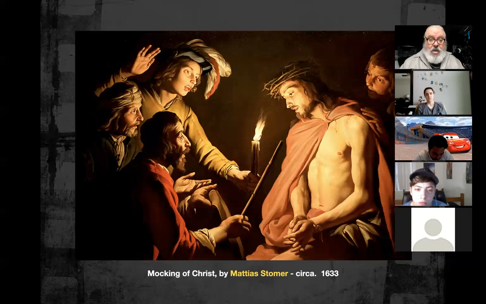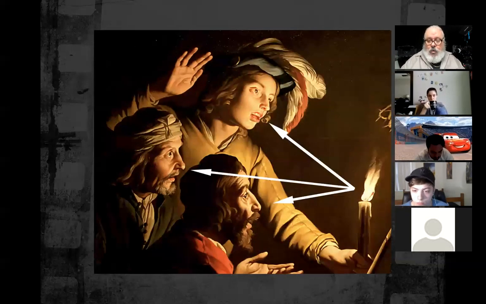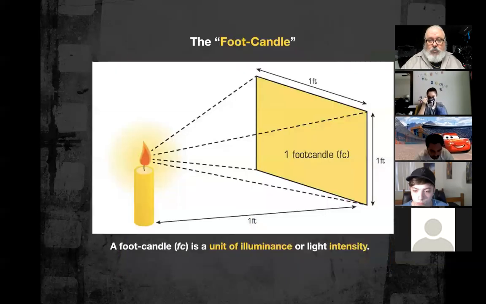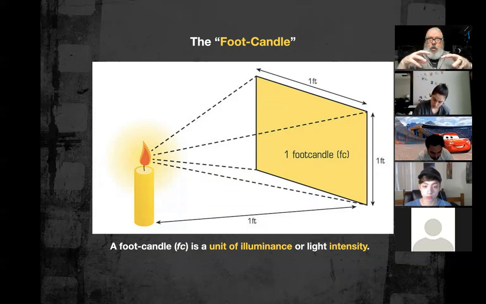This happens to be the other reason I really like this image. This happens to be a graphic illustration of something we call a foot candle. The foot candle is a unit of measure that we have adopted in photography and in lighting to describe how much light in a certain volume of space we are dealing with, and what's the standard, what's the benchmark.